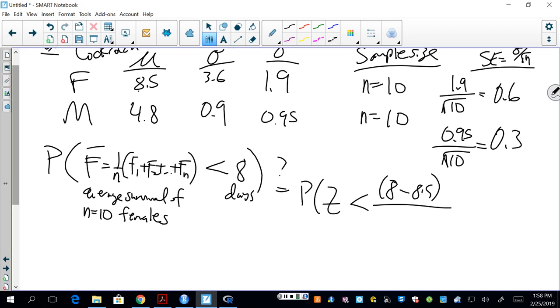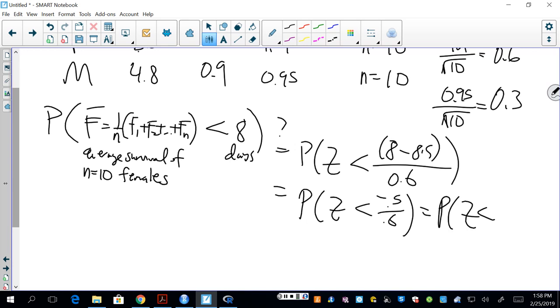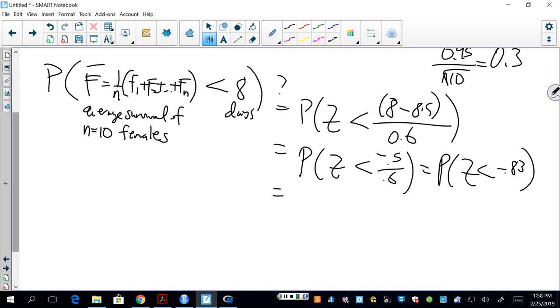We're going to divide by the new standard error that's sensitive to the sample size, 0.6. And so this is the probability that z is less than negative 0.5 over 0.6. That's the probability that z is less than negative 0.83. And we have to figure it out from the table.